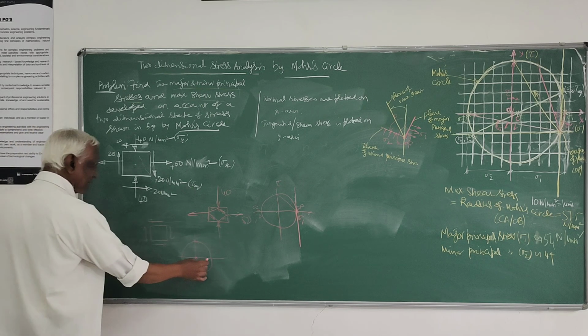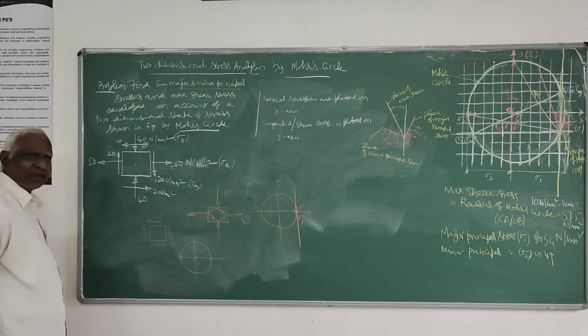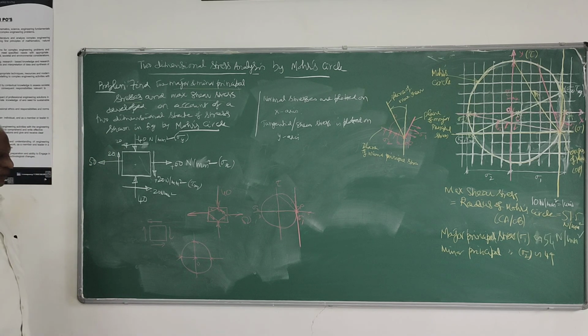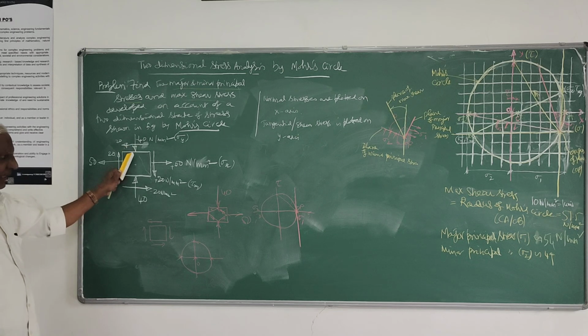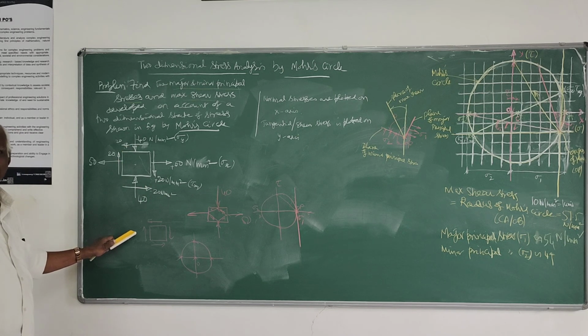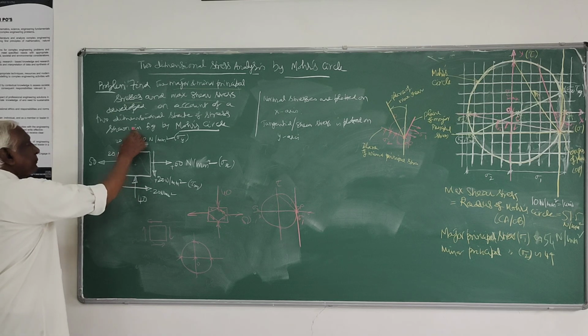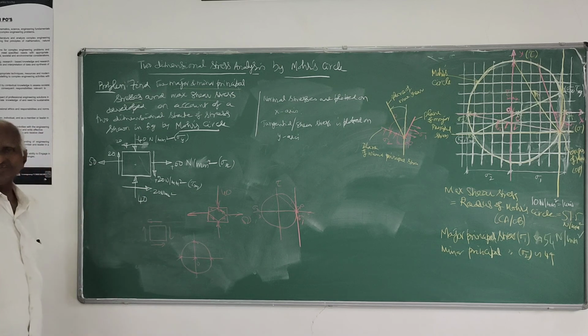Here, the maximum principal stress is this. Minimum also will be this. That you can find. So all these 3, 4 types of problems I told. One is this general, another only this, another only this. And here it may be both tensile or all may be compressive.